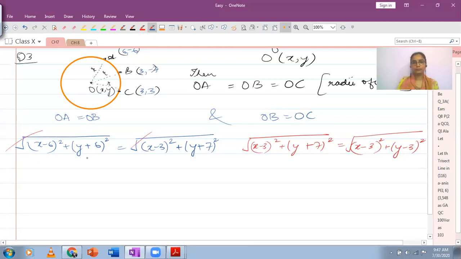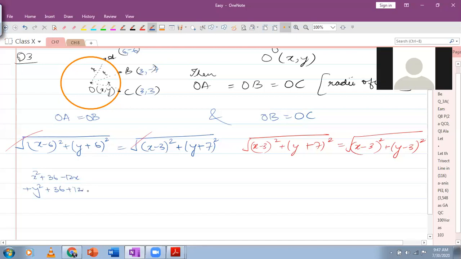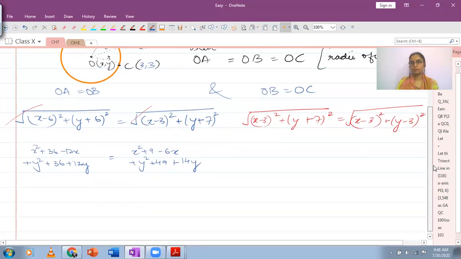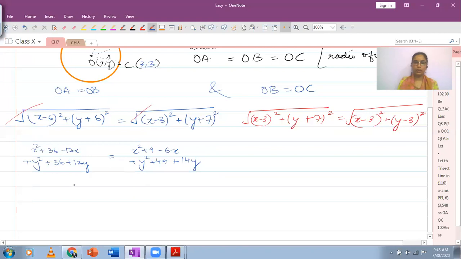And then simplify. So this will be x squared plus 36 minus 12x plus y squared plus 36 plus 12y. The right-hand side is x squared plus 9 minus 6x plus y squared plus 49 plus 14y. I'm doing it side by side. You can do it one at a time.